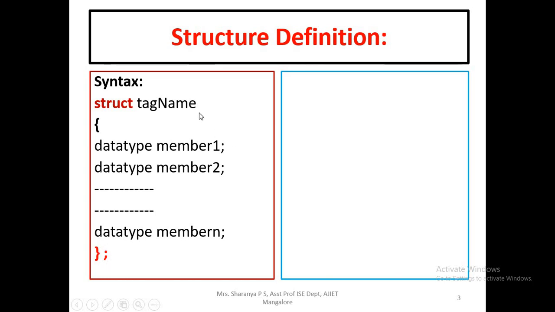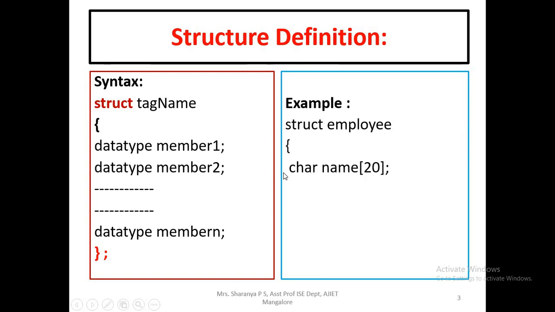If we see the example, it will be much clearer. We begin with the struct keyword, and the tag name is the name for the structure we are creating now. That is, employee is the structure name, and after that we open the braces, and then we mention the data type character and the variable name, that is name, which is a character array.